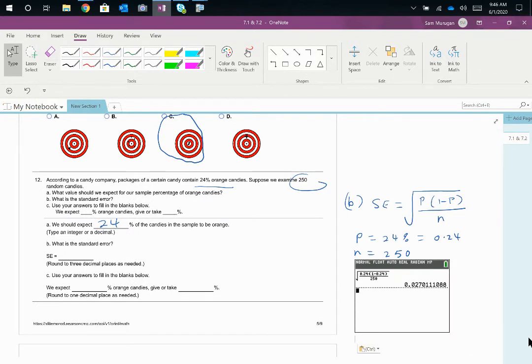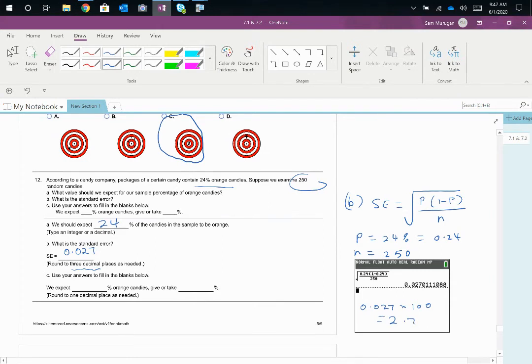Okay, so the standard error is, and they want 3 decimal places, so 0.027. If we multiply this by 100, we have 0.027 times 100 gives us 2.7.